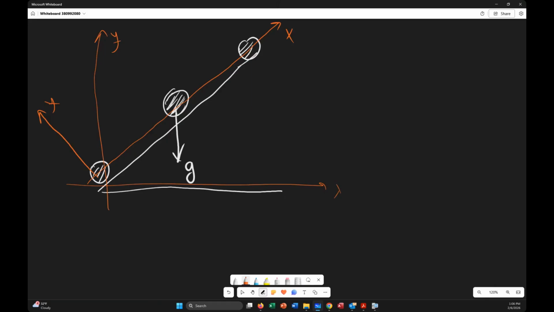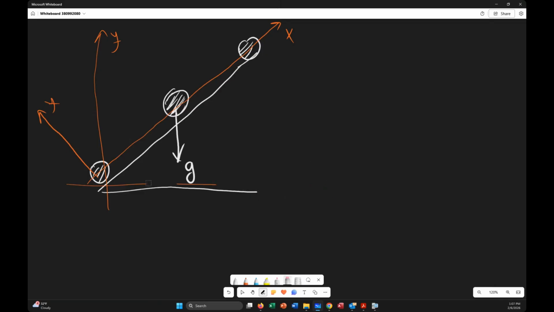Because you just need to find one component value. You just try to break down the acceleration component, and then you don't need to find the y value because the y value is always 0 here. But with this one, if you use the x and y coordinate, not only do you have to find the x value, you need to find the y value as well.